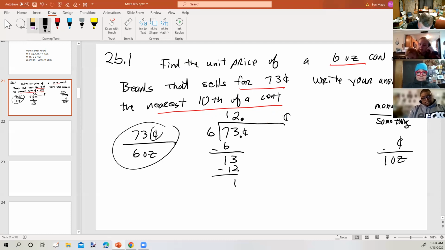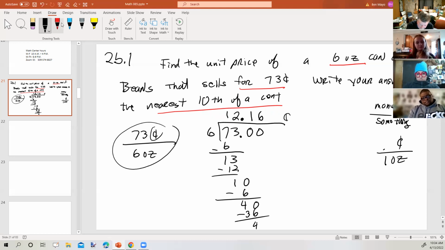Let's get rid of this just because it's in the way at the moment. So I'm going to add a 0, which I'll bring down. 6 times 1 is 6, remainder of 4. I need to go 1 more place, bring it down. 6 goes into 46 times, 36, with a remainder of 4.